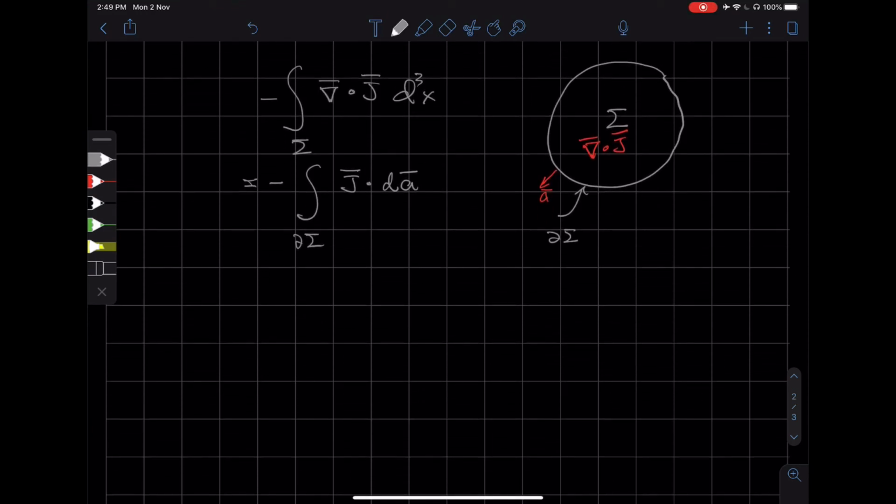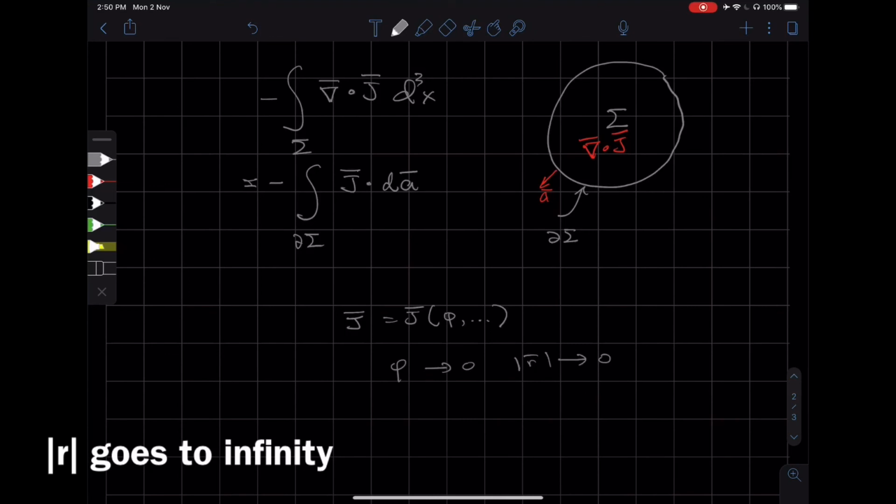But the vector j is a function of our field and its derivative, perhaps. We are assuming that the fields are such that they go to zero as we go to the boundary of space-time. If that is so, j evaluated anywhere on the boundary of space is also going to be zero.